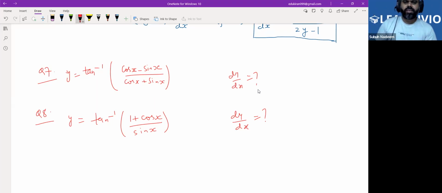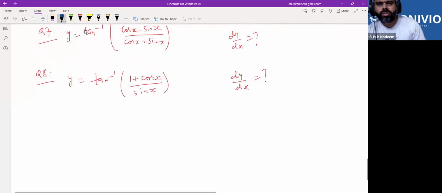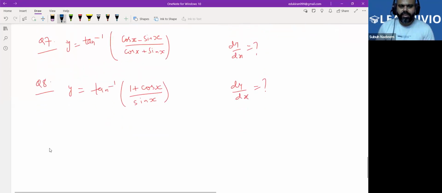Yes, what is the status? Can you explain? Okay. So as I said, you need to use a trigonometric identity here. In this manner, it is difficult to differentiate. You can apply the chain rule and it will be very lengthy.